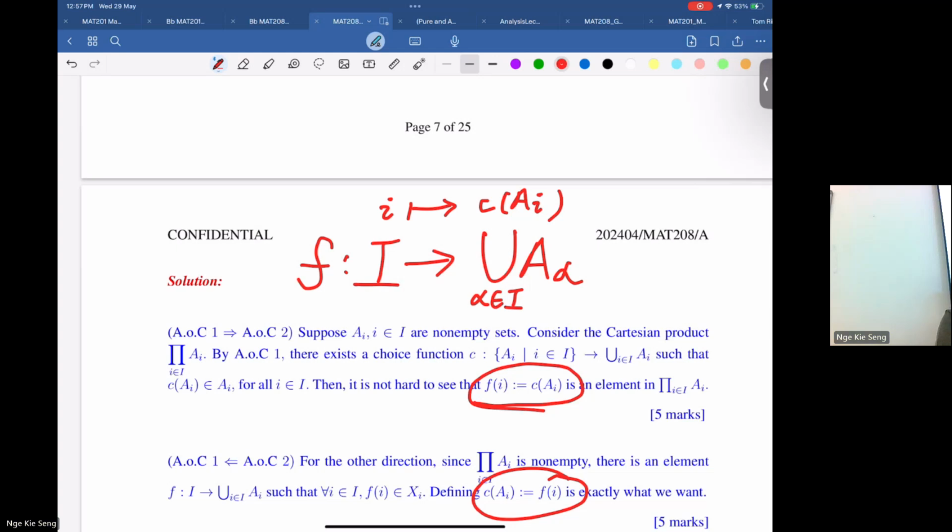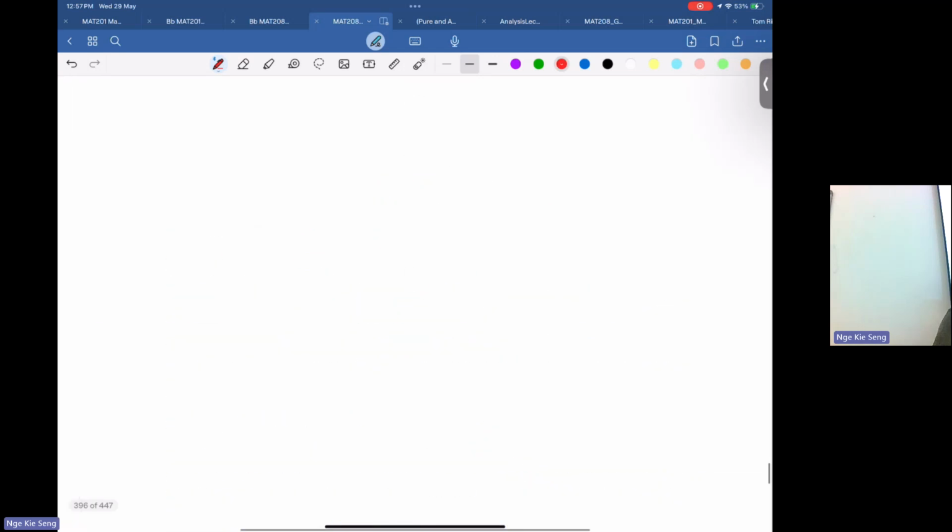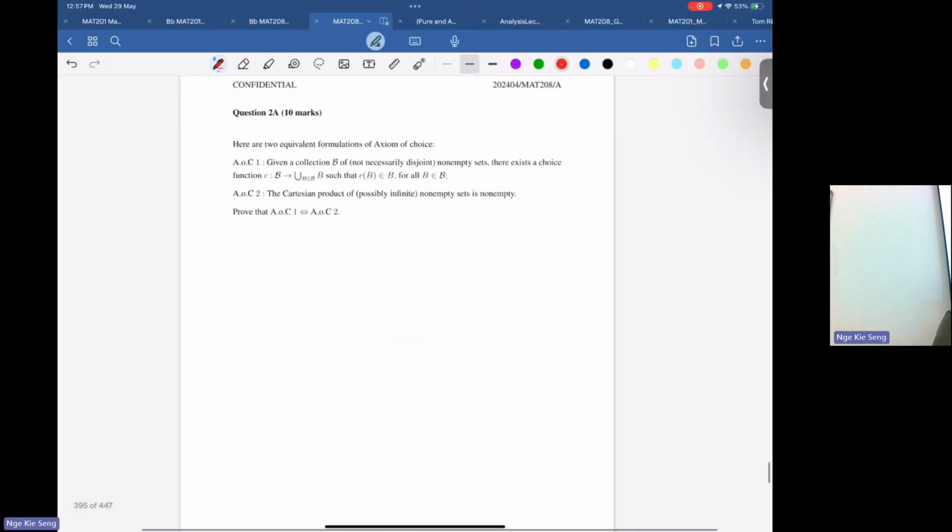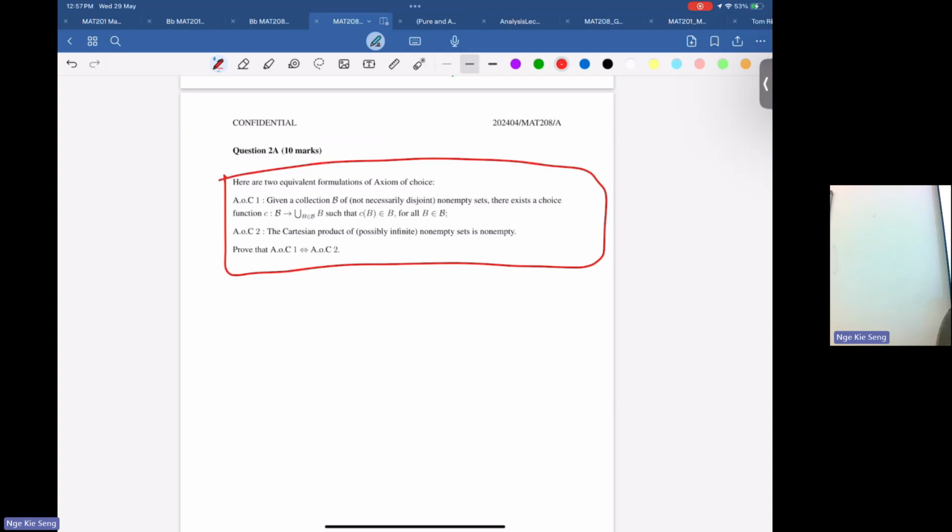We spent quite a long time doing this axiom of choice, at least two to three hours, so it would be good if we put this inside a question. Otherwise we will be wasting time in lecture. Usually you won't see this kind of question in the exam, because to understand it is already very hard.